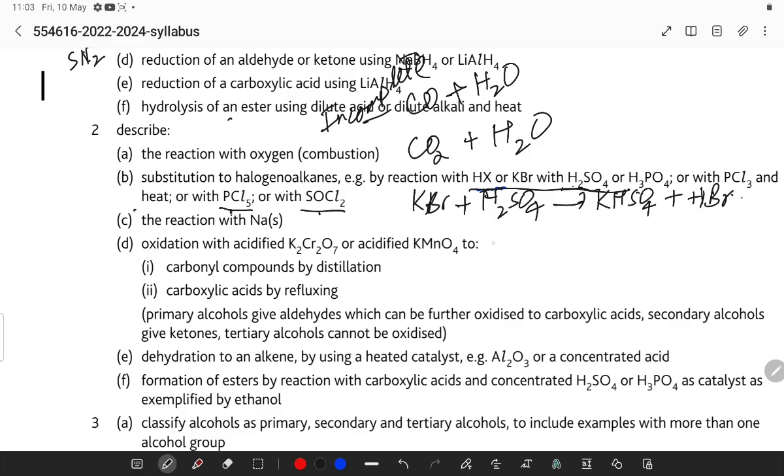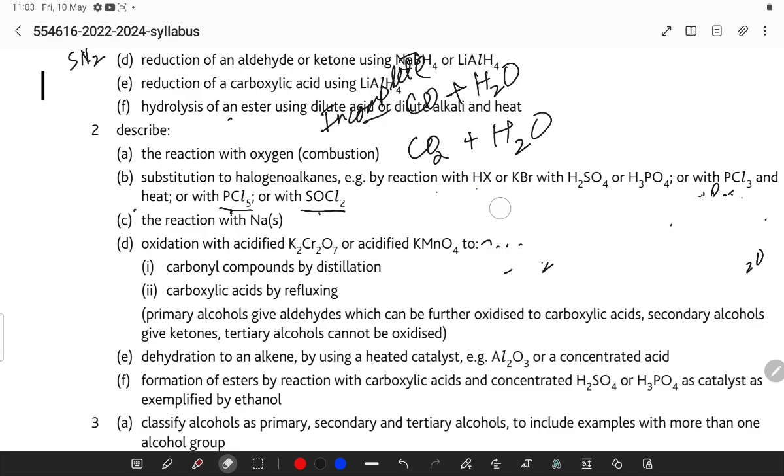This HBr further reacts with CH3CH2OH plus HBr to form CH3CH2Br and H2O. This is for bromoalkane, and for iodoalkane. This method is used for producing haloalkanes, and phosphoric acid is also used in this method.